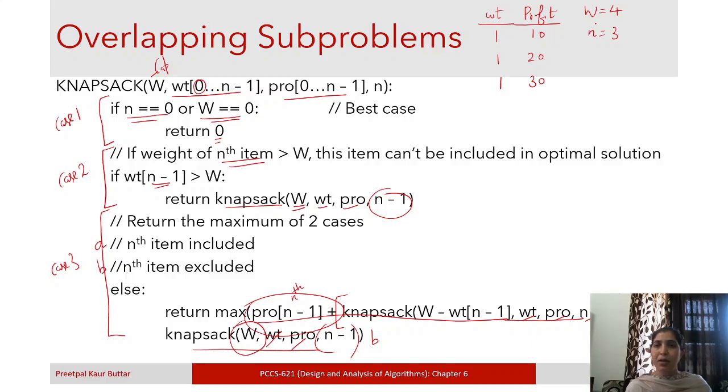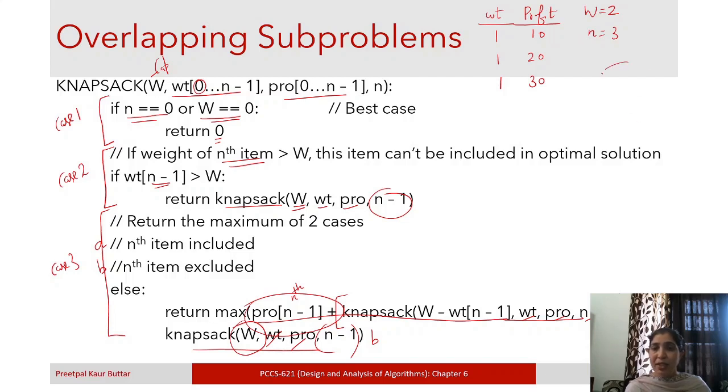Let's change this capacity of the knapsack equal to 2. You have 3 items and their profits, and the capacity of the knapsack is 2. So the number of items you have to consider are 3.